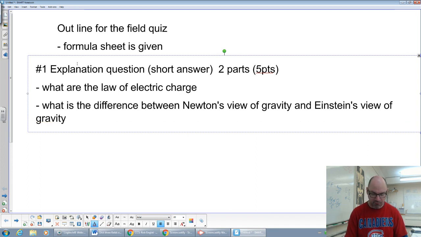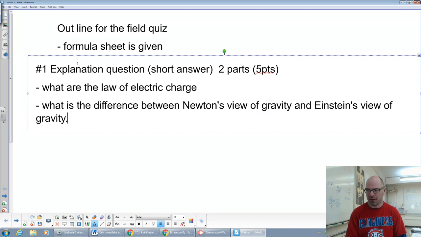Okay, so when we're talking about gravity, Newton sees the gravitational force as proportional to the mass of any two objects, directly proportional that way, and inversely proportional to the distance the objects are apart. He had an equation for it, and he saw it as a force.